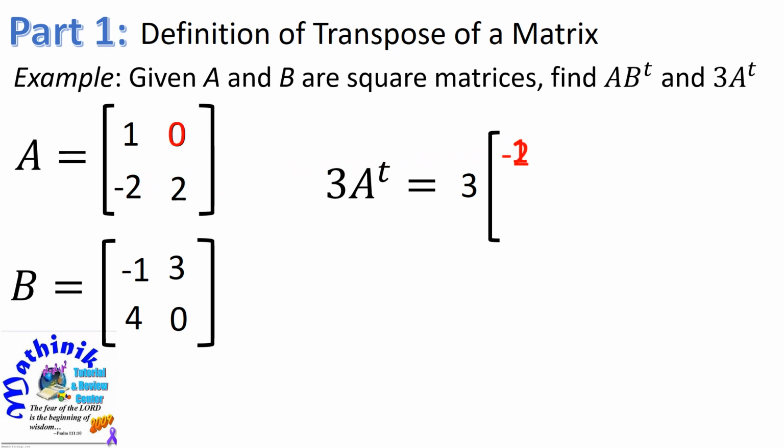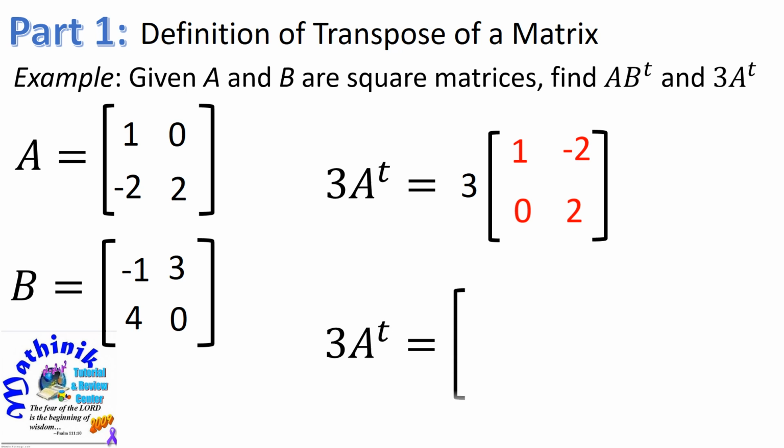That is 1, negative 2 on the first row coming from the first column of matrix A. And then 0, 2 coming from the second column of matrix A. From here, we will just do the scalar multiplication. Therefore, our final answer will be 3, negative 6 on the first row, 0, 6 on the second row.